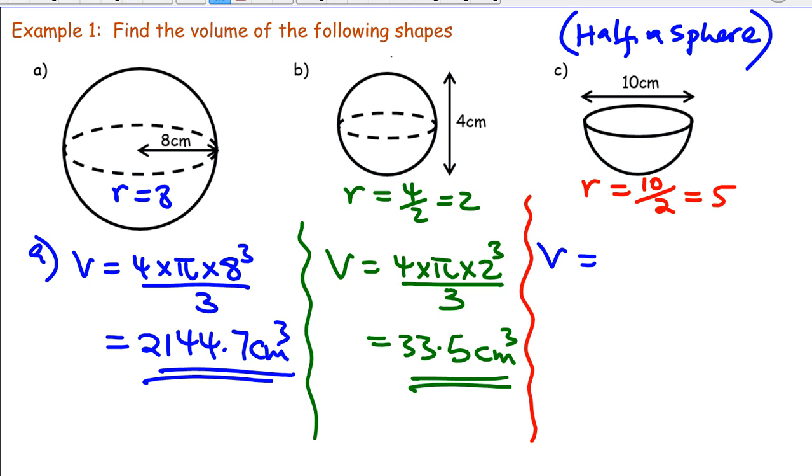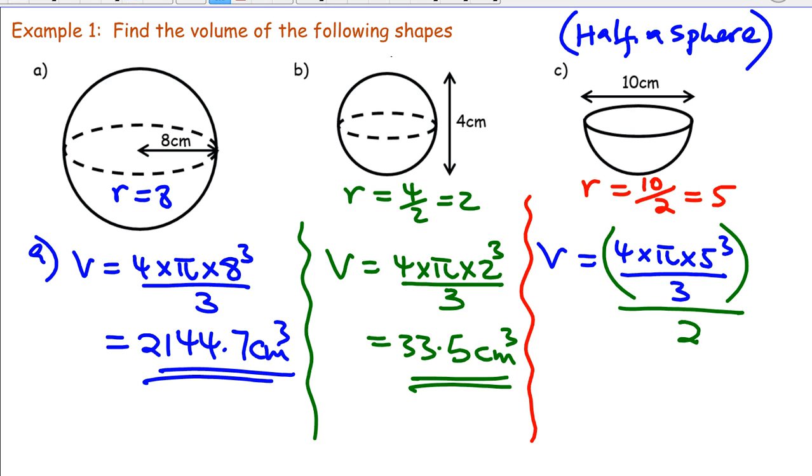So volume will be 4 multiplied by pi multiplied by 5 cubed divided by 3. But now take that volume and divide it by 2, because this is half a sphere, and you'll end up with 261.8 centimeter cubed if you just plug it in your calculator.